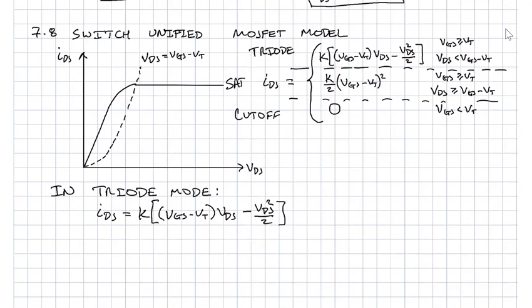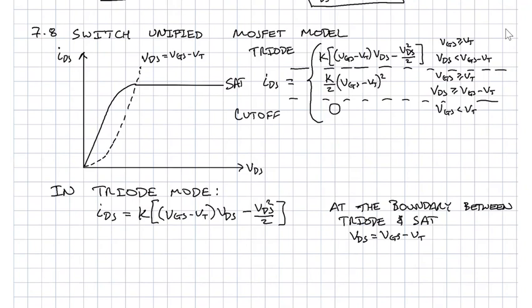So we know at the boundary, and that's the boundary between triode and saturation, our condition at that boundary is VDS is equal to VGS minus VT.